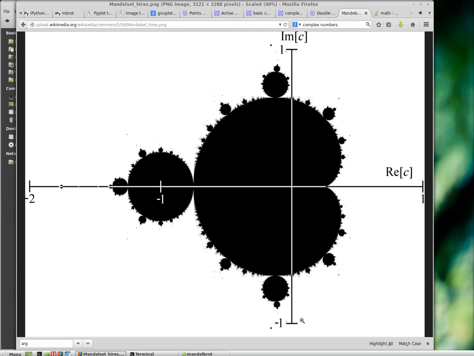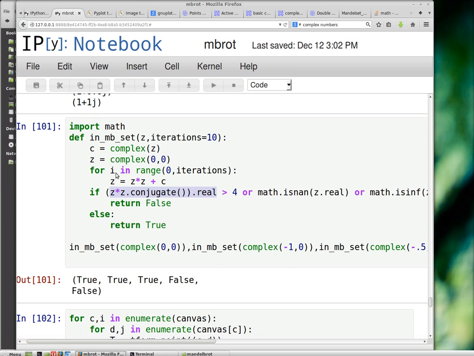If you believe this picture, then if it's not true that the x value is between -2 and 1, and the y value is between 1 and -1, you can just see from the picture that it's not in the Mandelbrot set. But what I do instead is check whether its distance from the origin is greater than 2, and then I say that it's not. But that takes a multiplication. It would actually be more efficient to do it the other way.